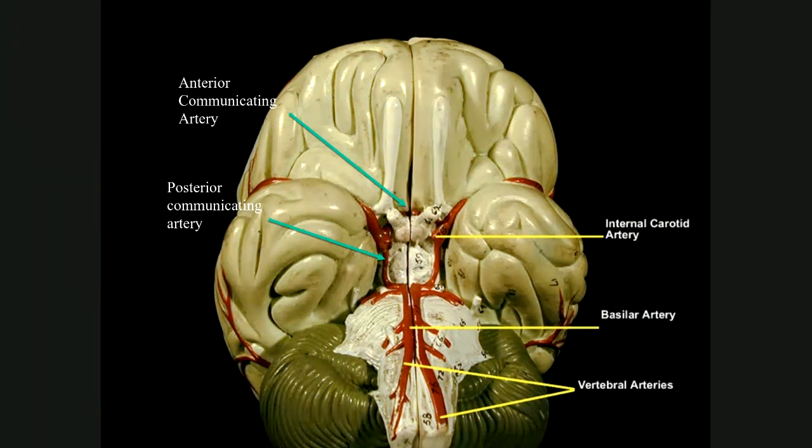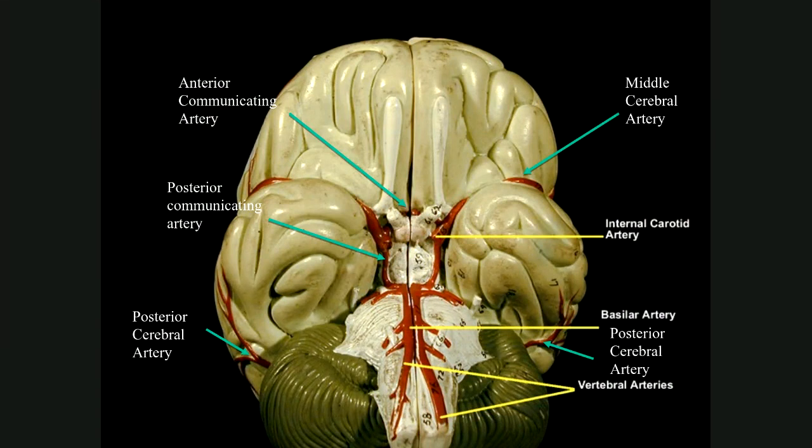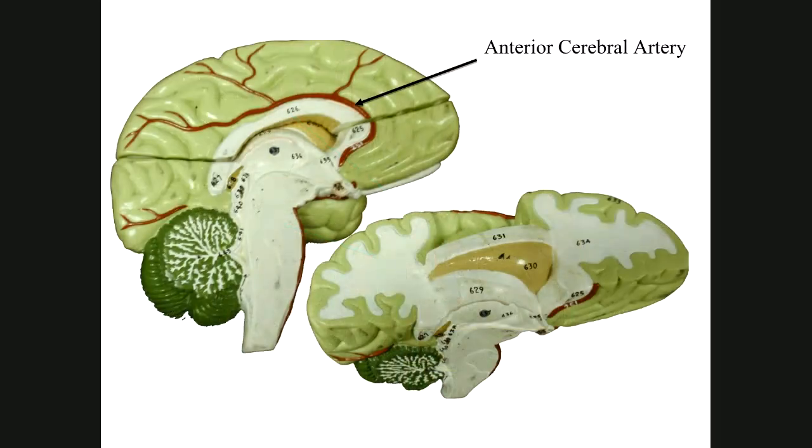And then there are these arteries that branch out like this. And these arteries are called cerebral arteries. So there are three cerebral arteries. There's an anterior, there's a middle, and there's a posterior. Well, the anterior is on the inside. It's right here.